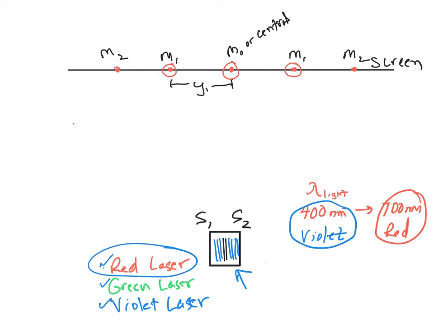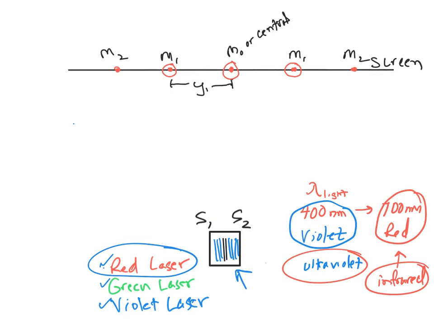The way I remember it is ultraviolet is even shorter than the violet. Infrared is even longer than the red. We can't see these, but those are the electromagnetic waves just beyond the visible spectrum on each side. 400 being the higher frequency, shorter wavelength.